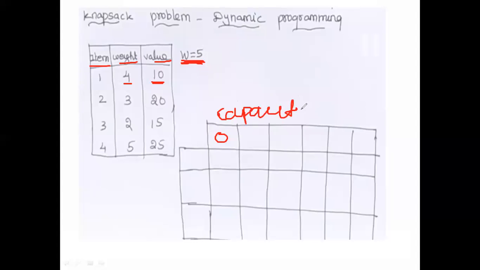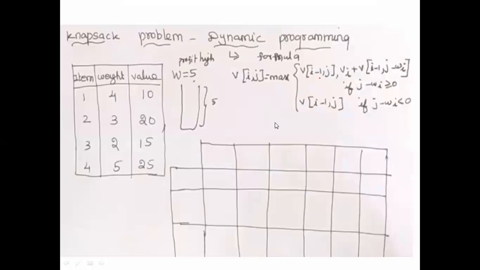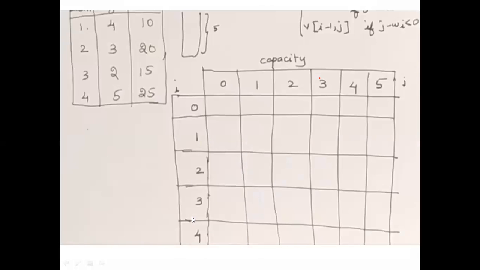Capacity of the bag: 0, 1, 2, 3, 4, 5. Here the row index is J, and this column is I, where I is the number of items, 4, so 0, 1, 2, 3, 4.